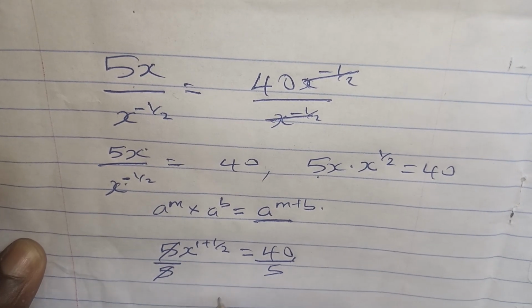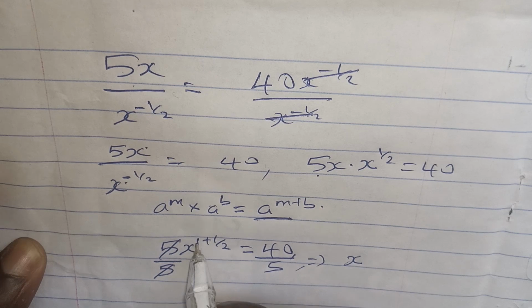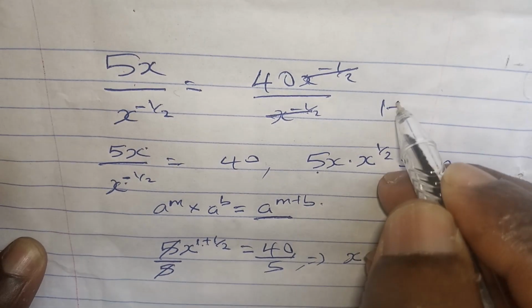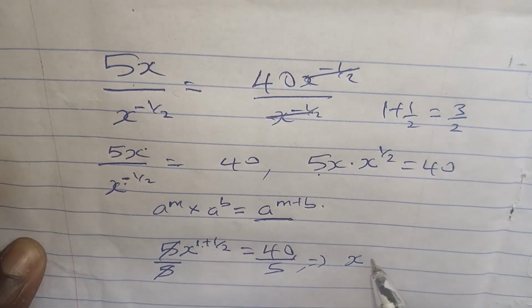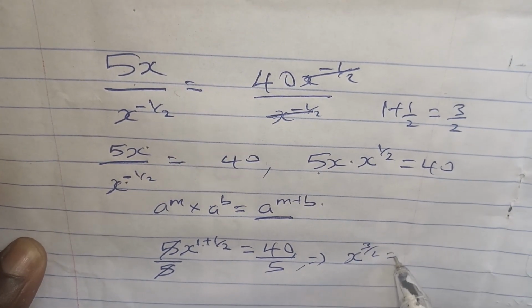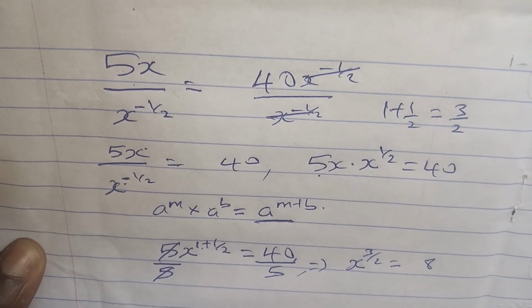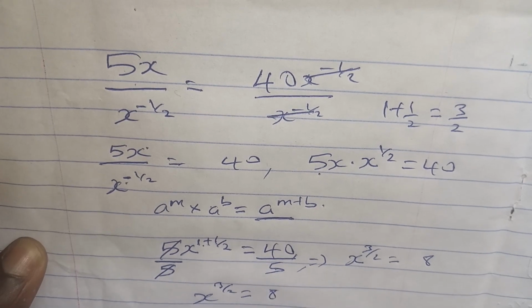So we have x to the power of 1 plus 1 over 2, and looking for the LCM, that is 3 over 2, is equal to 40 over 5, which gives us 8. So we have x to the power of 3 over 2 is equal to 8.